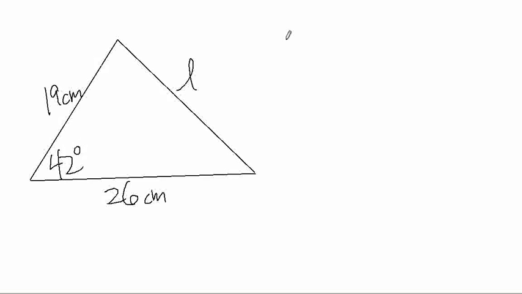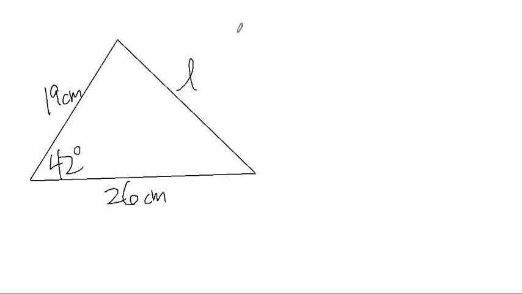Suppose that we know two side lengths of a triangle, and we know an angle measure as denoted in the picture, and we wanted to know the length of the third side. Can we do that? And the answer is yes, using the law of cosines.